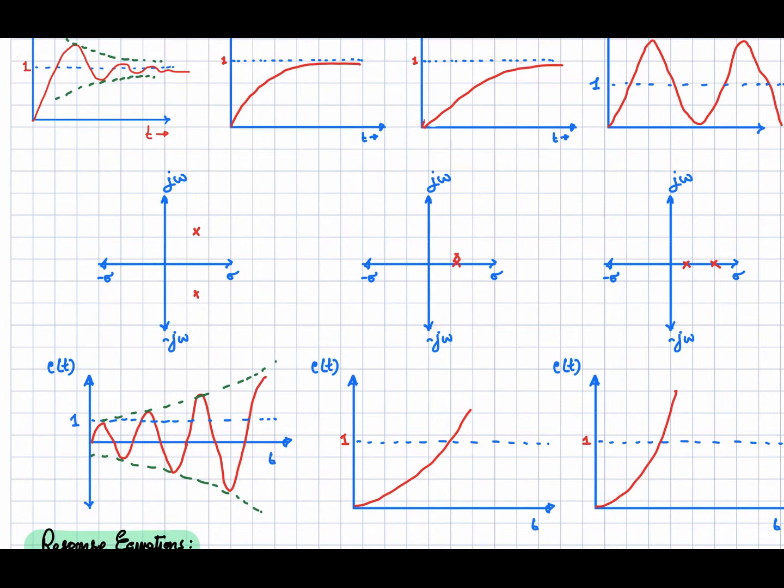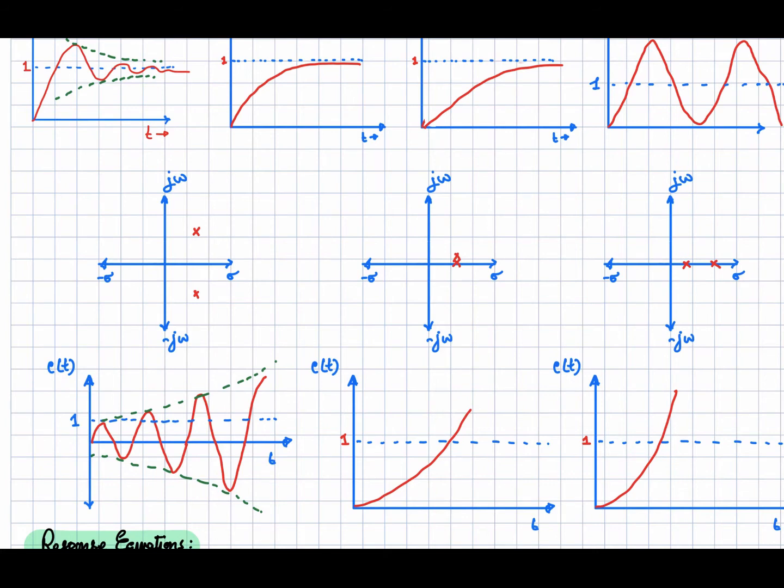Whenever you apply a bounded input and you get an unbounded output, it means your system is unstable, because with the passage of time the output will keep on increasing and tend towards infinity. For a stable system, we need some finite maximum or minimum value when we apply some finite input to the system.